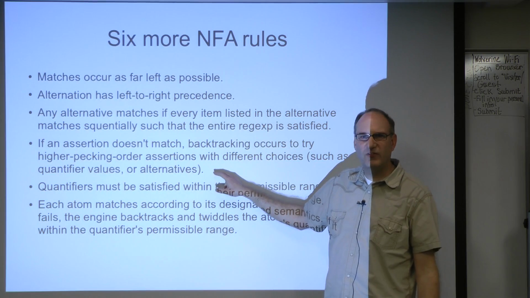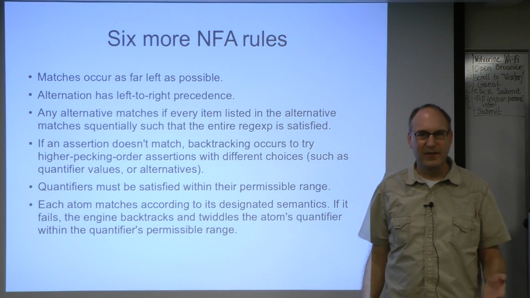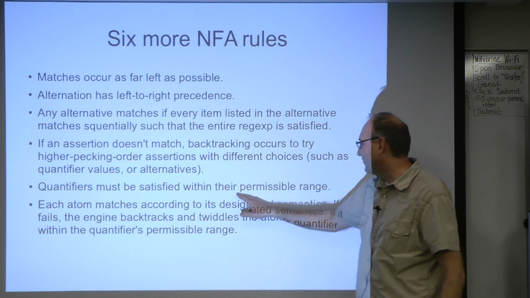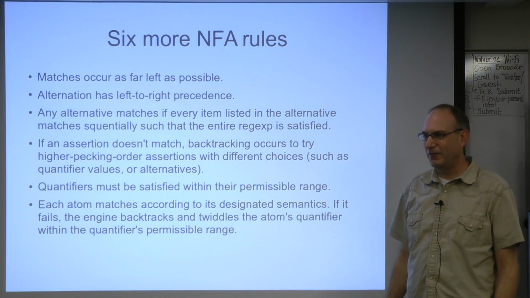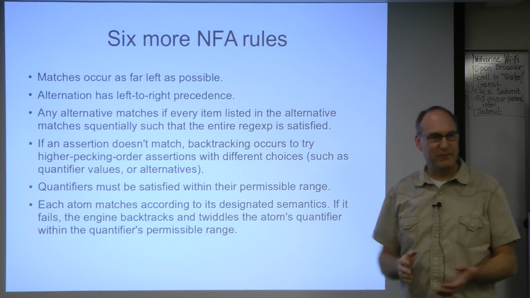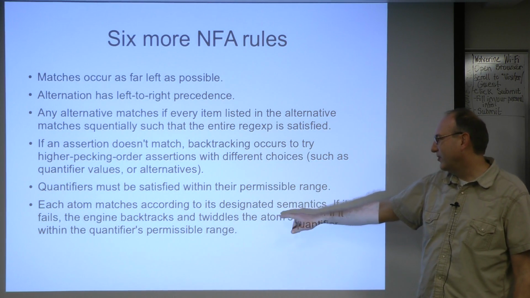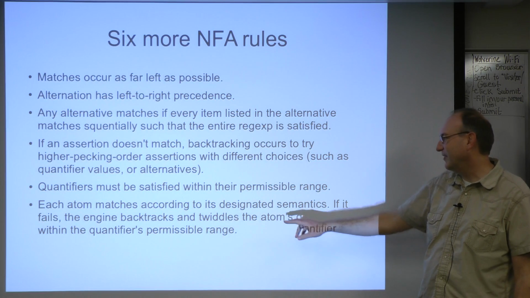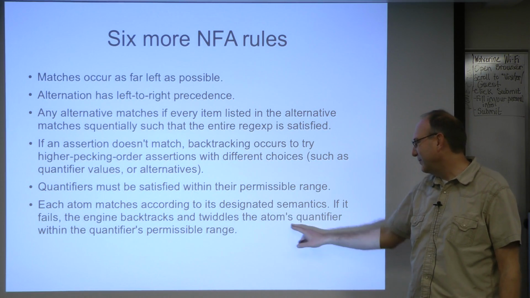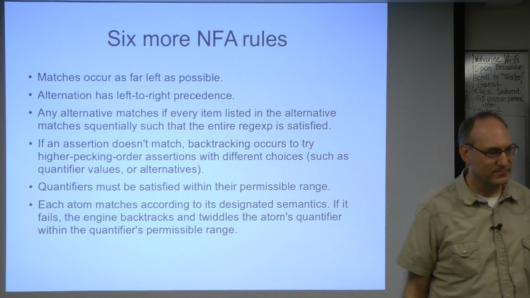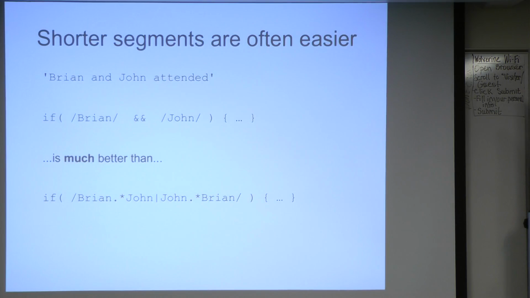So it's essentially a recursive permutation algorithm. Quantifiers must be satisfied within their permissible range. If you specify 0 or more, then you're really going to get 0 or more. And each atom matches according to its designated semantics. If it fails, the engine backtracks, twiddling the atom's quantifier within the quantifier's permissible range. So that's how NFA works.